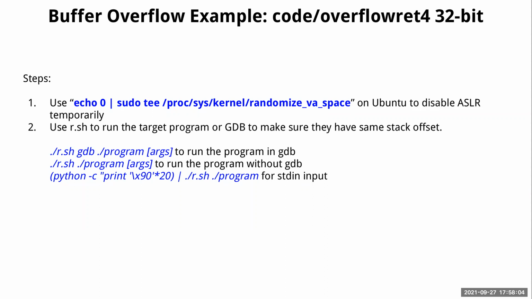This is how we're going to use this tool. The name doesn't really matter. Then we can run GDB with the program arguments, or you can directly run this program. You have to use the same tool with and without GDB to have the same stack offset.